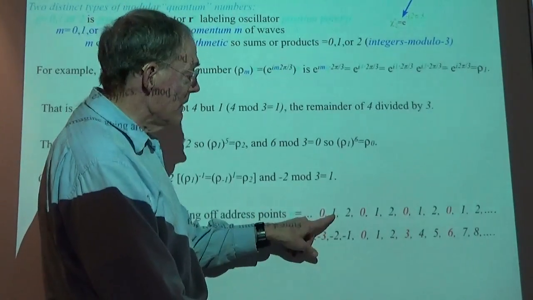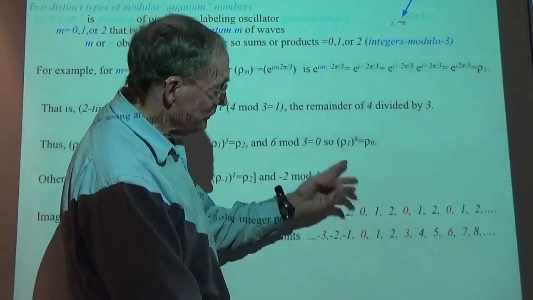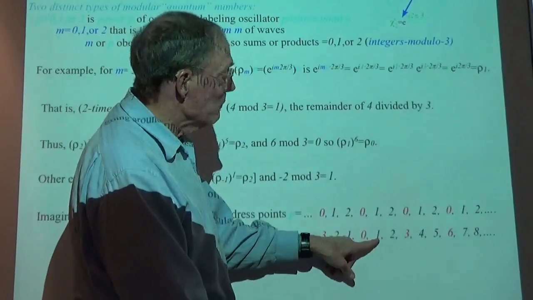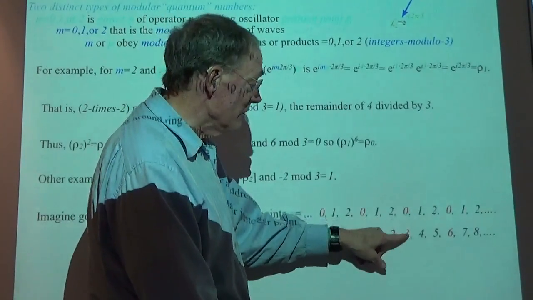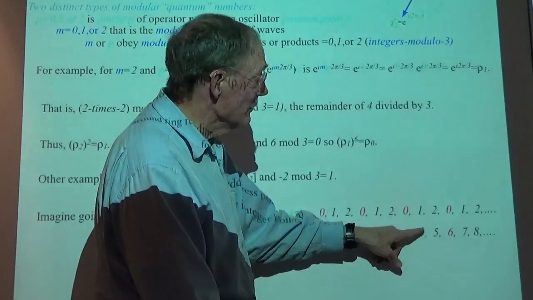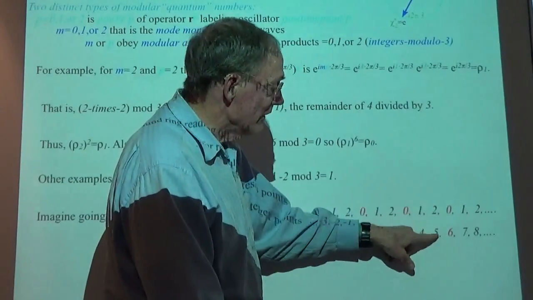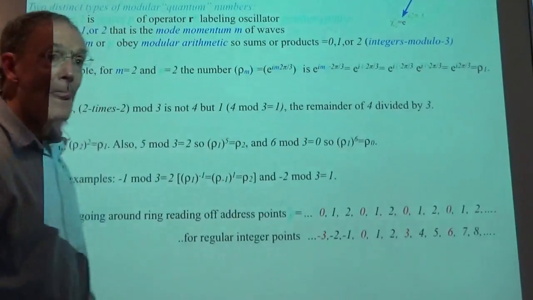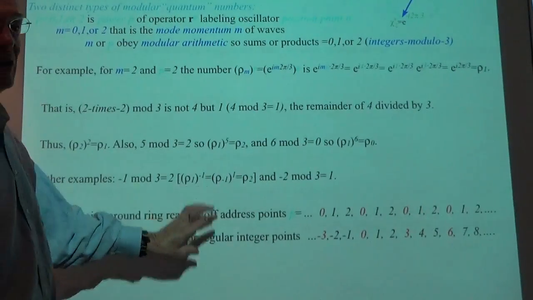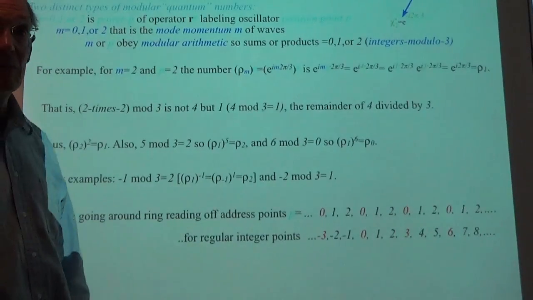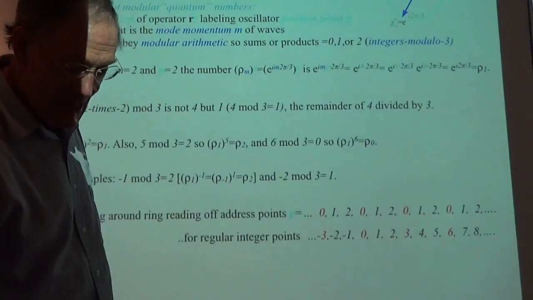Minus 2 is 1 mod 3. Minus 1 is 2 mod 3. 0, no problem there. 1, no problem there. Okay, there's where we change. Then 4 is 1 more than 3. 5 is 2 more, and so on. That's probably the easiest way to say all this, but they all have to be in your head there.